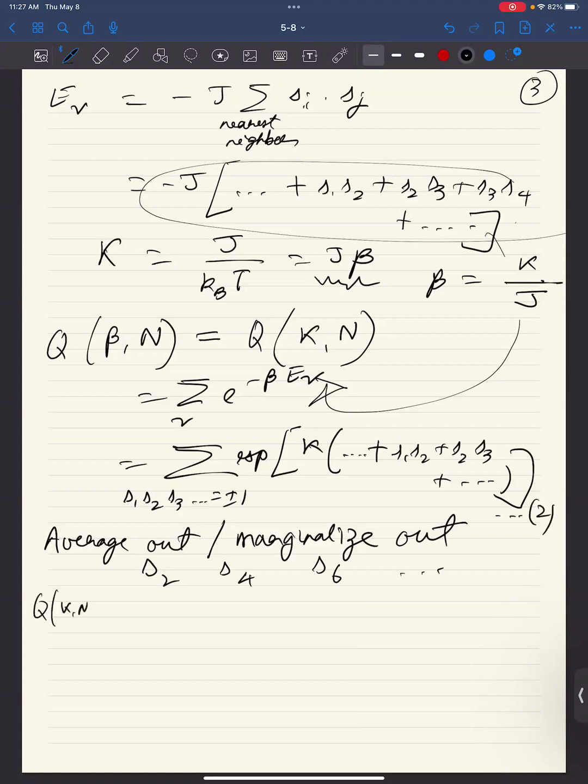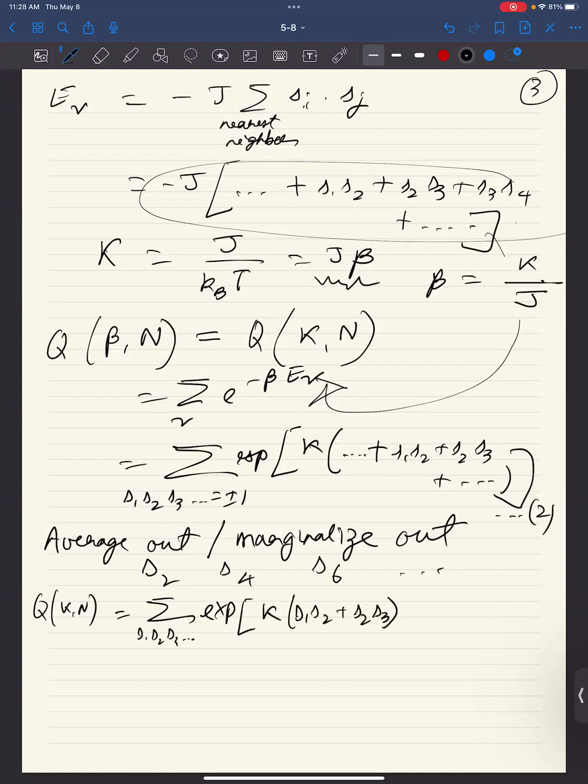Q of K comma n is equal to summation over S1, S2, S3 of exp of K times S1 S2 plus S2 S3.